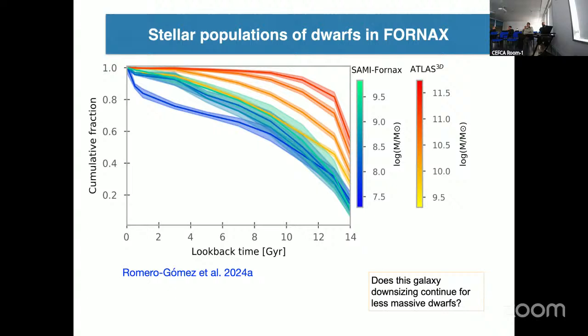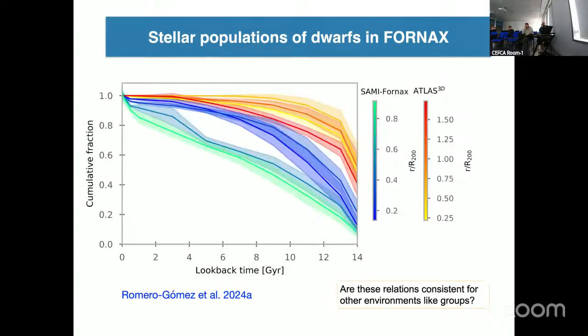When we move down in mass, the star formation histories are more complicated, okay? Because the stellar mass is produced more slowly than in the very massive ones. For example, when you go to the 10 to the 7 galaxies here, the T50 is not as high as for this galaxy. Okay?